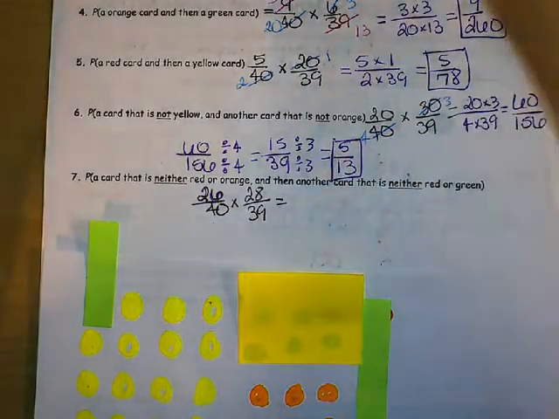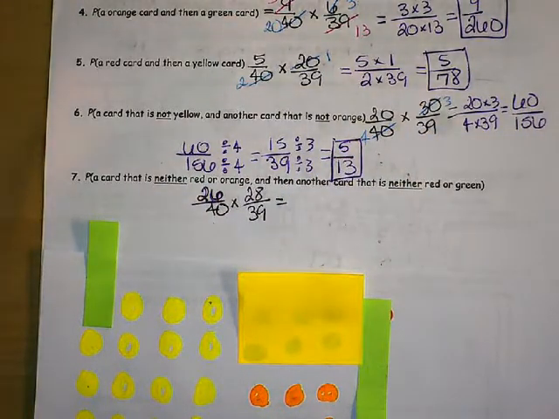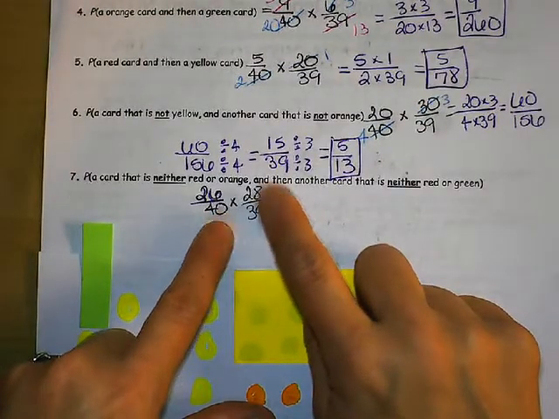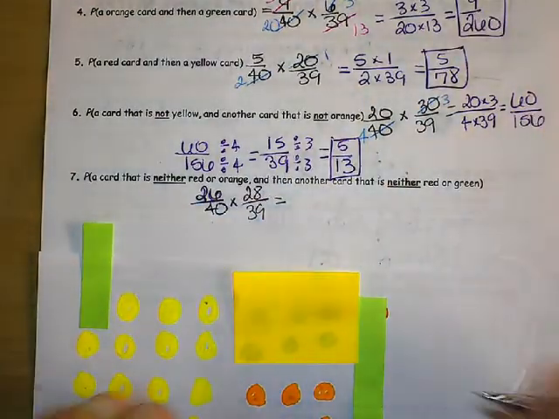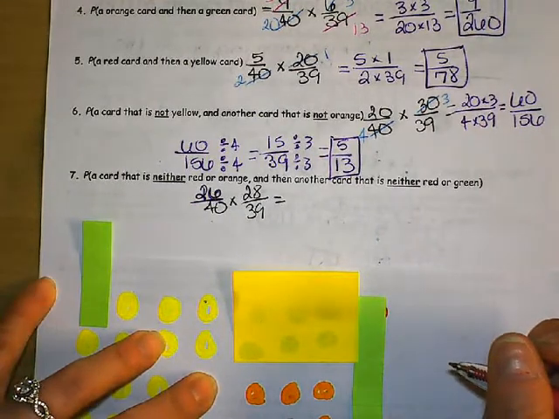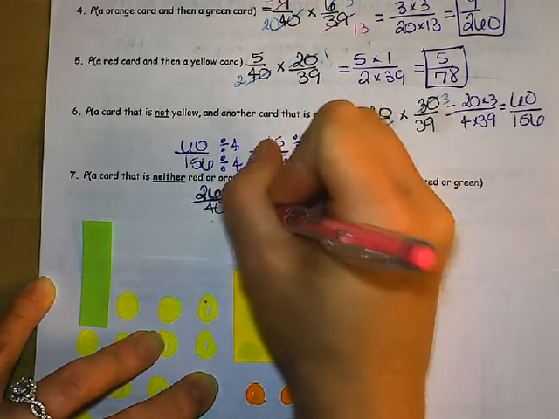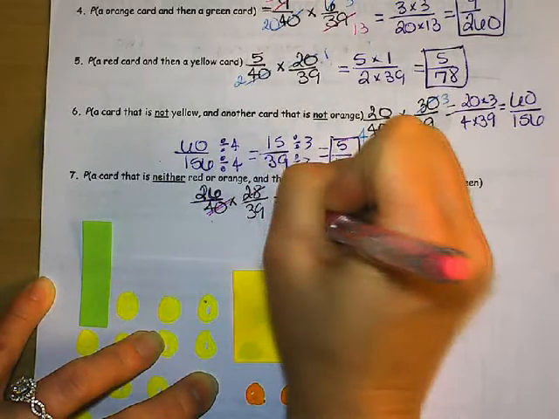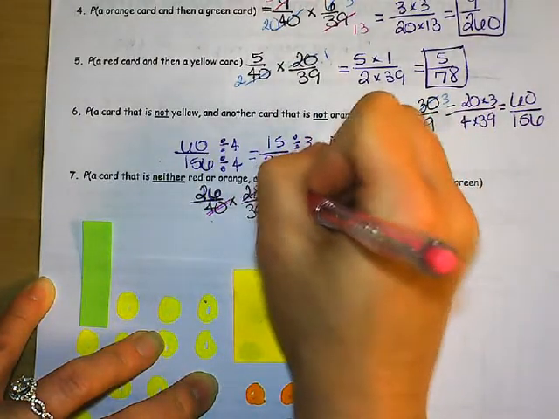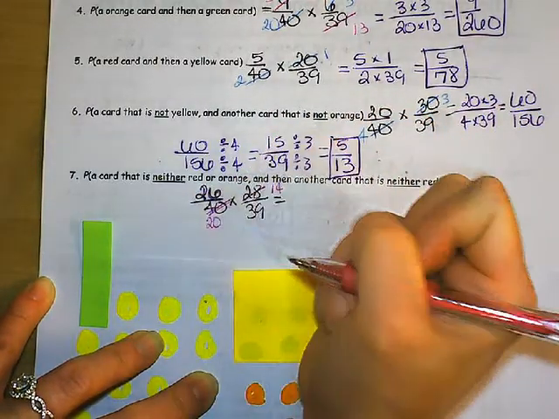So now I am going to start simplifying these and multiplying them. I do recognize that 40 and 28 can both be simplified by 2, so I'm going to do that first. That makes it 14 and 20.